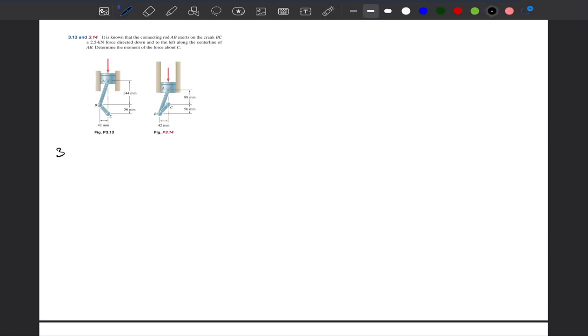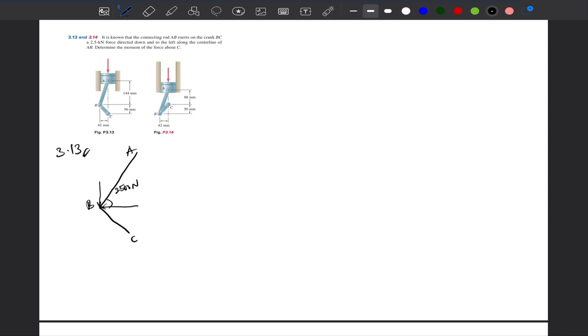So for the same question, 313, we are going to take it acting at B. So we are going to draw a free body diagram A, B, C. Then if our force is acting at B this way, 25 Newton, then the vertical and horizontal components.